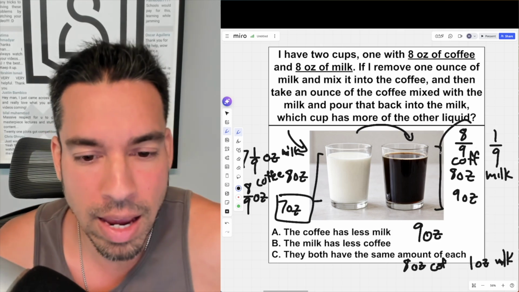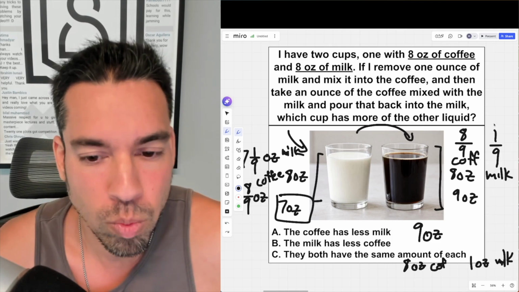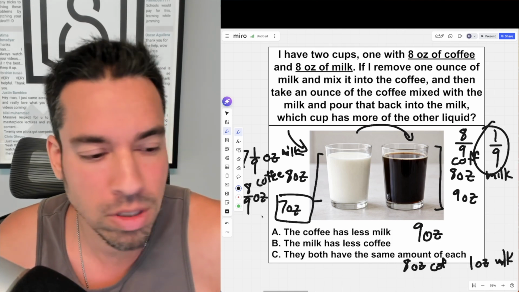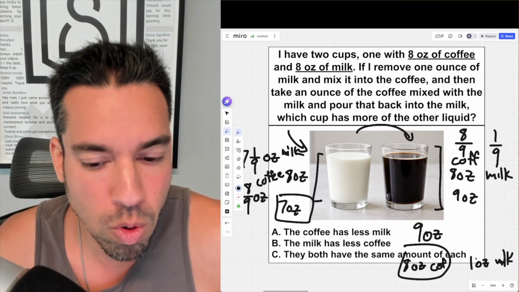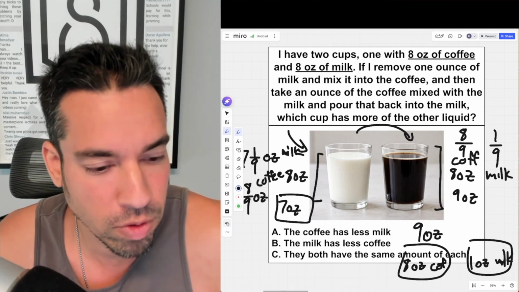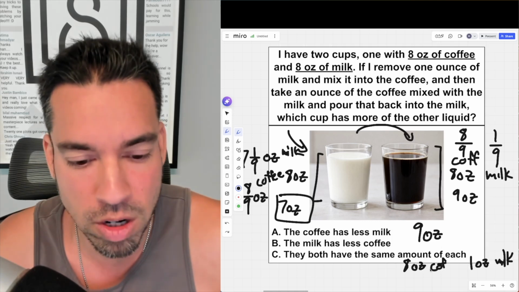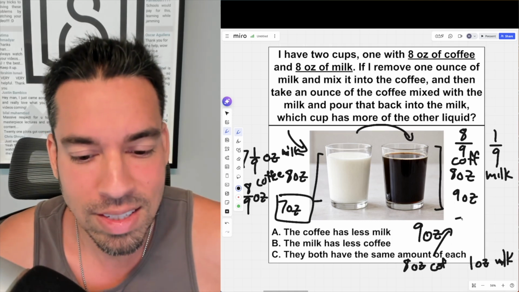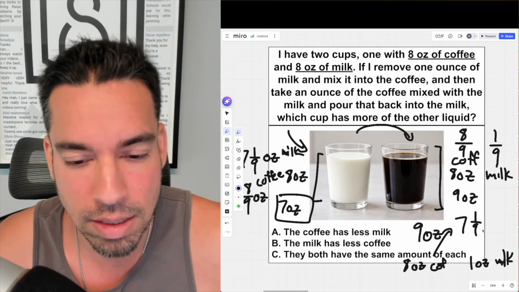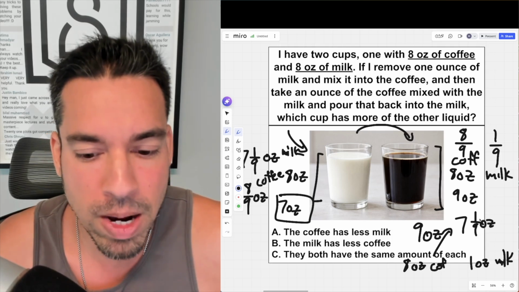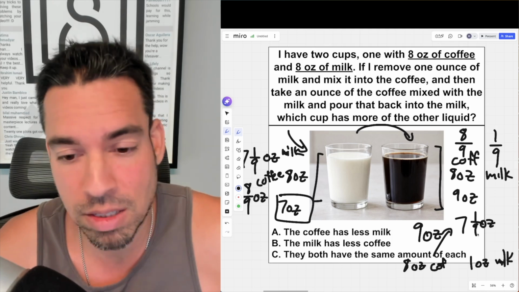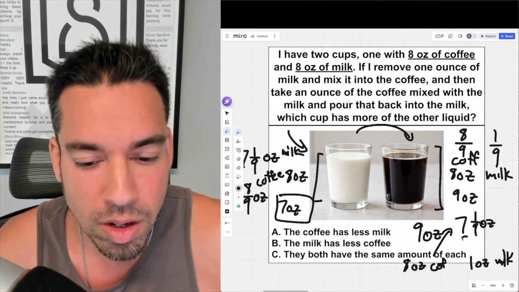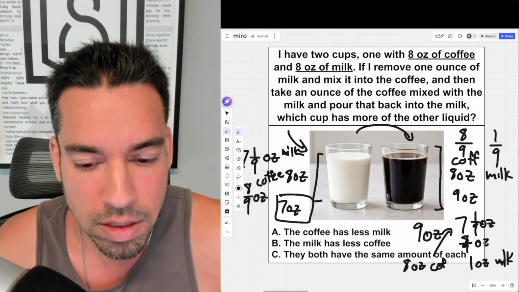Again, we took out 8/9 ounces of coffee and 1/9 ounce of milk. So if we take these two quantities and subtract each of those values from each of the existing quantities, right? 8 minus 8/9, what does that give us? That gives us 7 1/9 ounces of coffee. And then what about the 1 ounce of milk that's in there, that's all mixed together? We're removing 1/9 ounce of milk from that, we get 8/9 ounces.